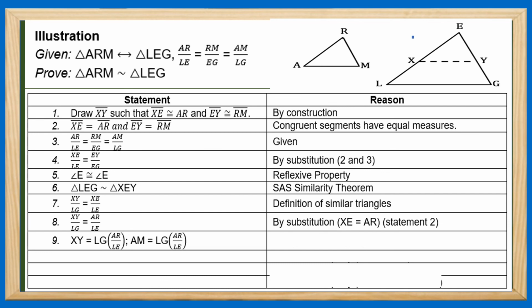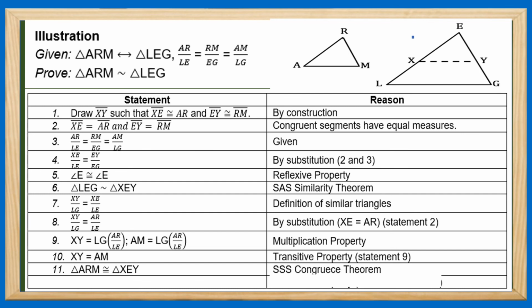Same with AM, which is equal to LG times AR to LE by the multiplication property. So XY is equal to AM by the transitive property using statement number 9. So triangle ARM is congruent to triangle XEY by the SSS congruence theorem. So triangle ARM is similar to triangle LEG using the transitive property by using statements 6 and 11.